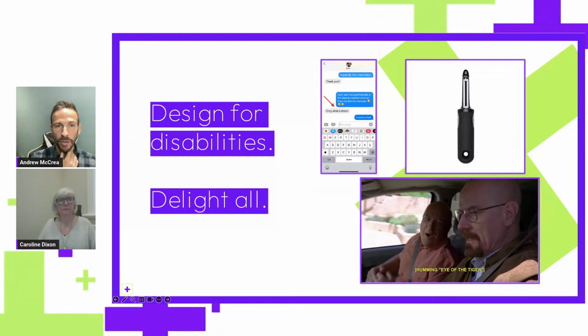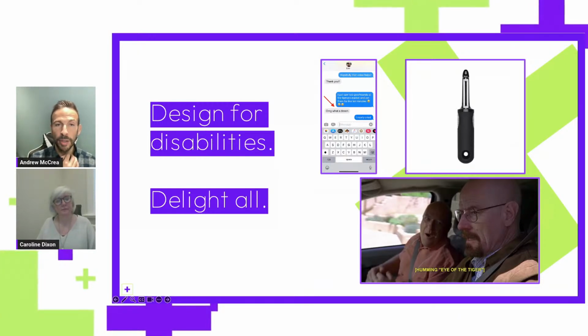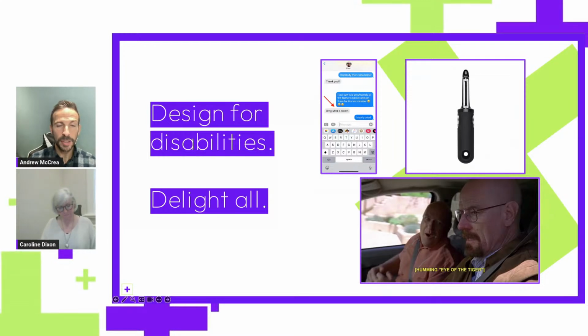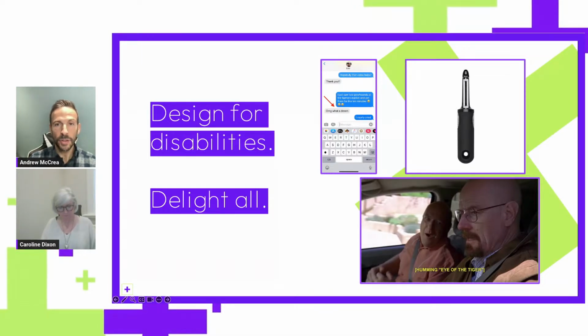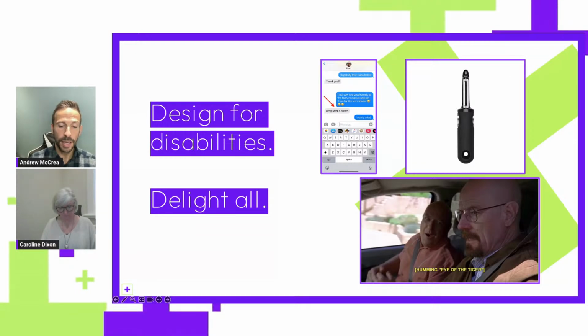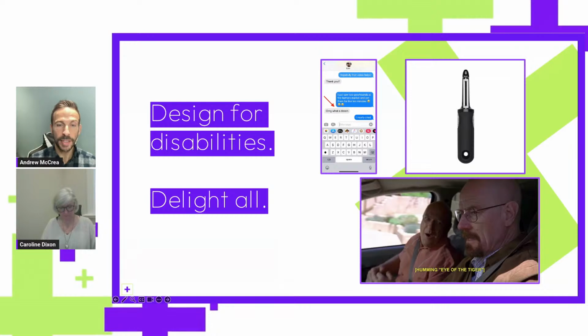And we can see this coming across in a number of different interfaces as well as physical products. Everything from text messaging, which initially was designed for impairments, through to the OXO grip peeler, which again was initially designed for people with dexterity and strength issues.